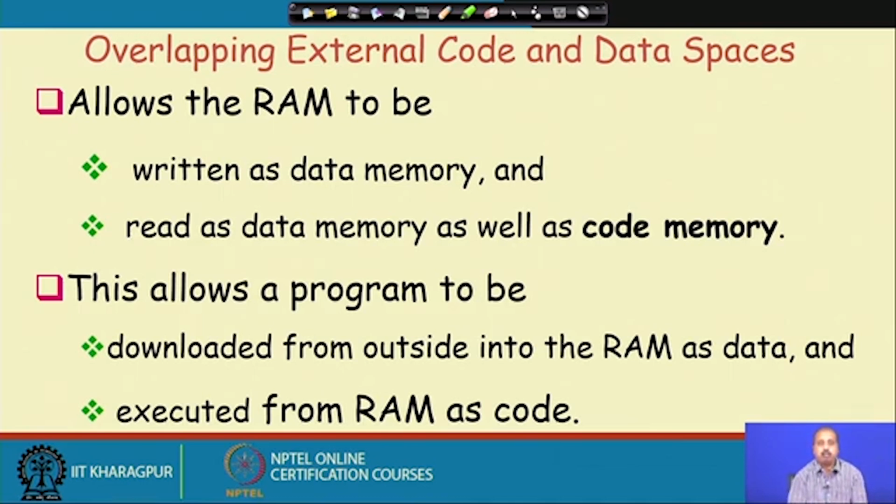This will allow a program to be downloaded from outside into the RAM as data and executed from RAM as code. Many a time, microcontroller based systems have an interface with personal computers, and through a download cable we download the program onto the kit. The program is first developed on the PC, while we do the simulation and all that.